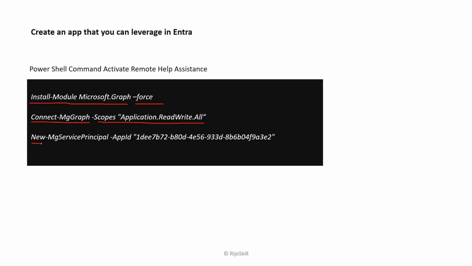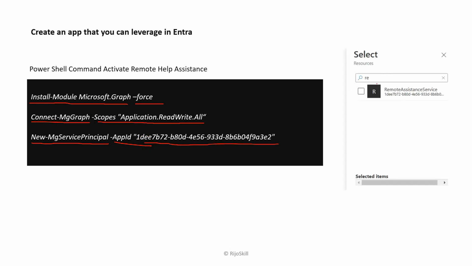After that, you need to run New-MgServicePrincipal with the app ID, and you need this information. Then after you give all the information, you will get the Remote Assistance service in your applications. So we will go for the demo so you can easily understand how we can enable the conditional access policy.